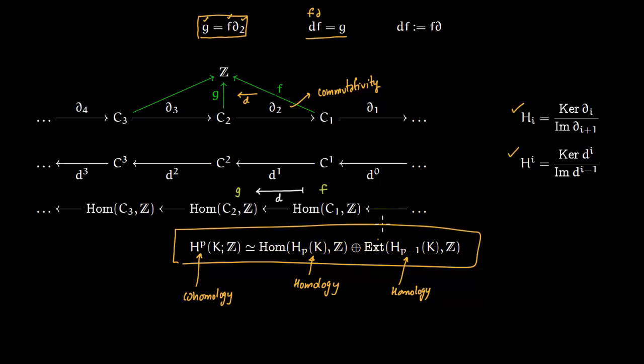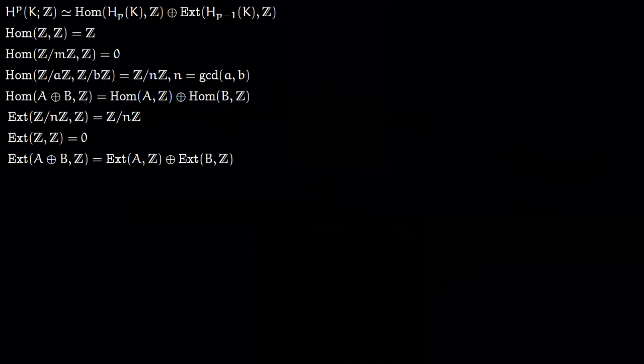This Ext is a derived functor, and to properly understand it, you have to see the lectures on homological algebra. But we can use this Hom and Ext directly as a black box to compute things. So let us see an example of how to compute cohomology using this formula right here. So we want to use this formula as a black box to compute cohomology from our homology groups.